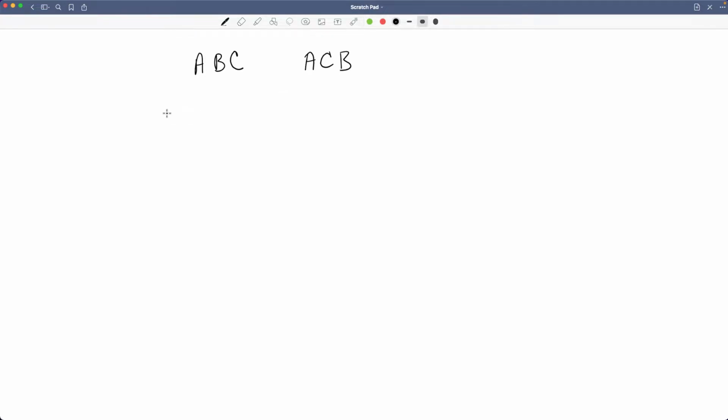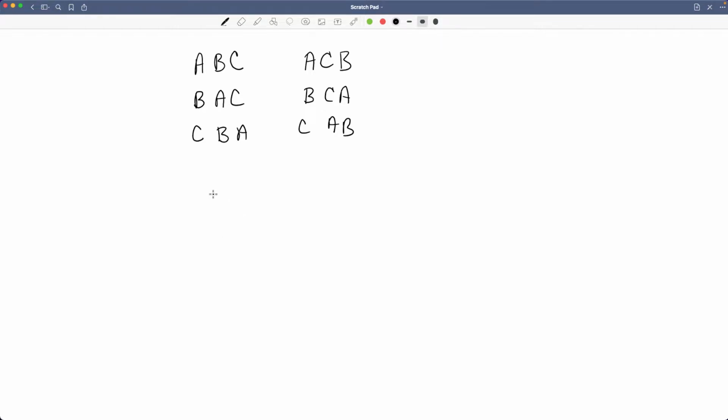If we put the B first, we could do BAC, and then BCA. And if we put the C first, we could do CBA, and CAB. So those are all of the different variations that we could have if we rearrange these in every possible scenario.